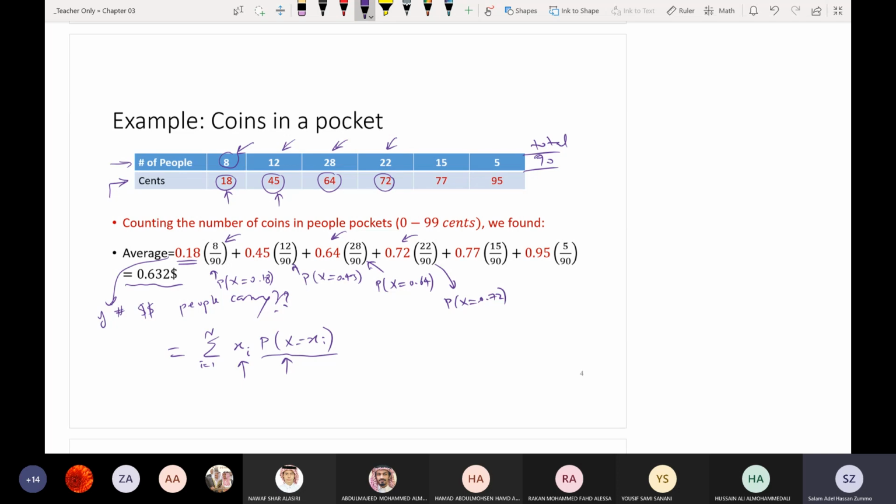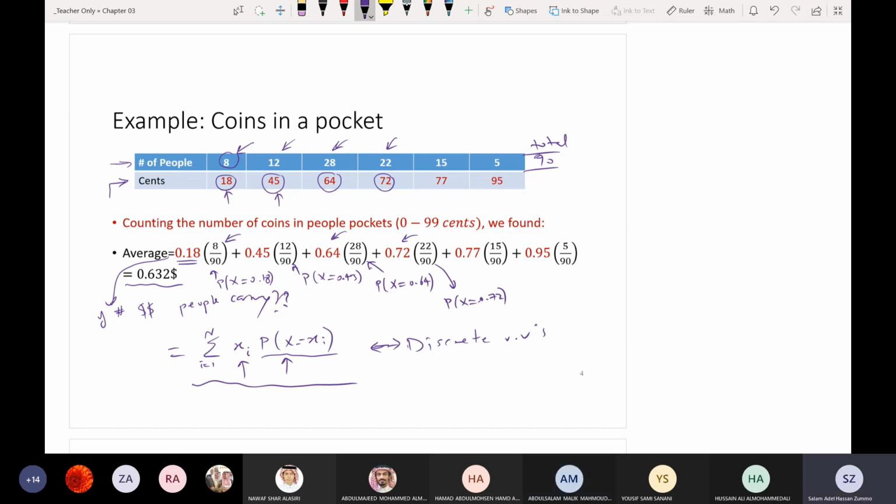So the way we calculate average is this in discrete random variables. Is the idea clear, guys? Yes, clear. I bet you know this before.